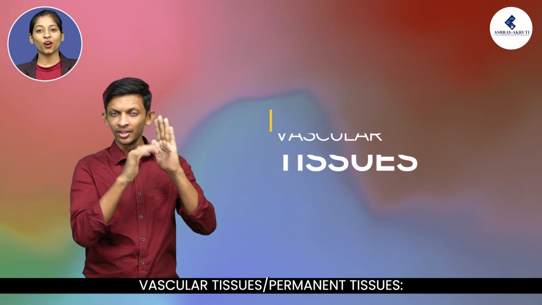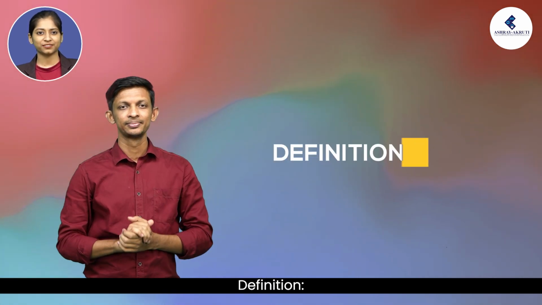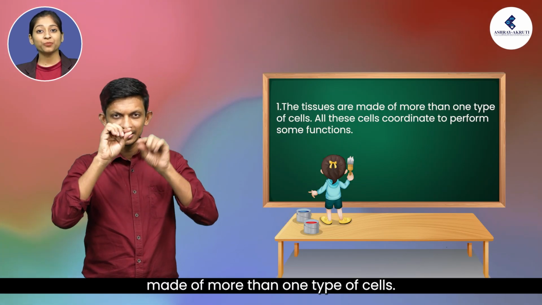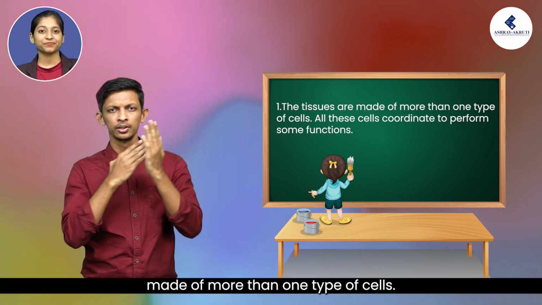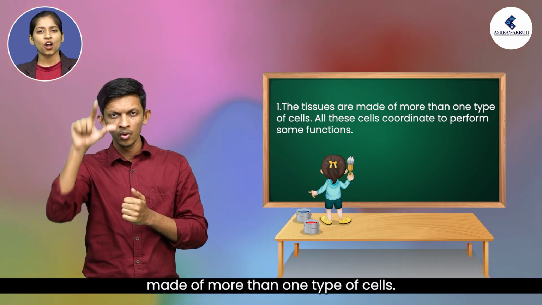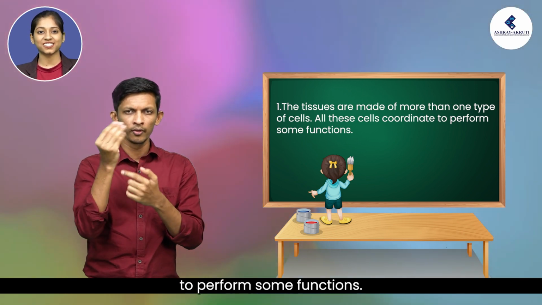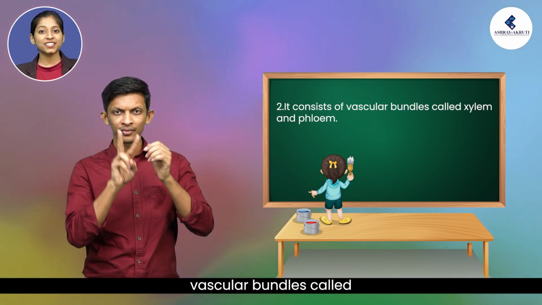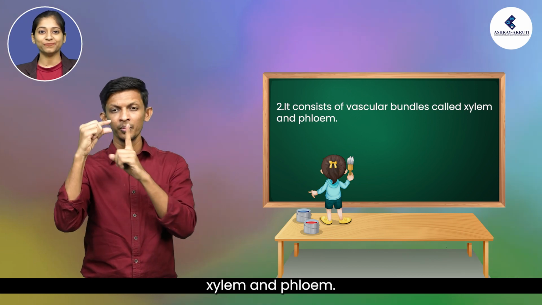Vascular tissues or permanent tissues. Definition: these tissues are made up of more than one type of cells. All these cells coordinate to perform some functions. It consists of vascular bundles called xylem and phloem.